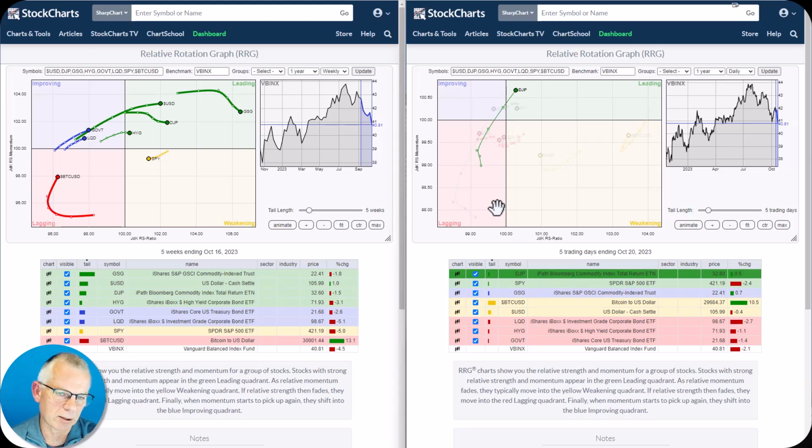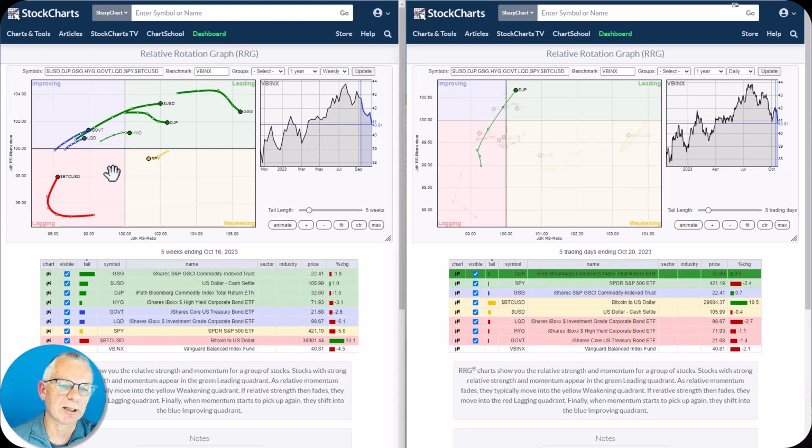We're going to take a look at those charts, but I think commodities definitely deserve a position in a balanced portfolio right now, especially when stock markets are getting a little bit weaker. Commodities could be a very good place to add some allocation, as they are doing relatively very well compared to VBINX, which is the benchmark that we're using for this exercise.